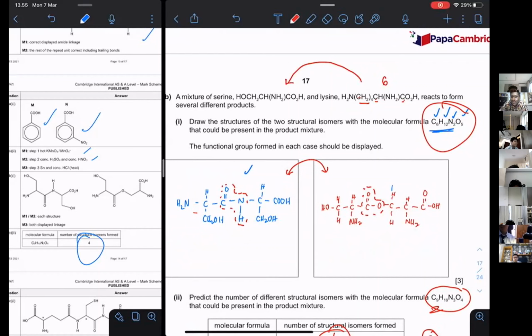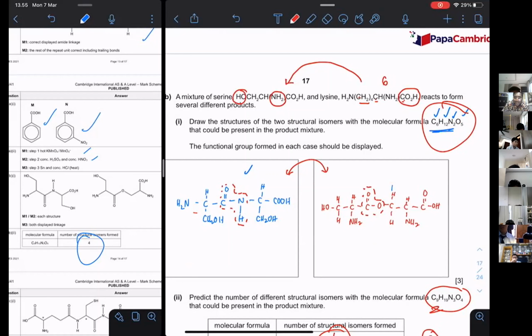When they react, COOH can react with the NH2, you get 1 product. And then COOH can also react with OH, you get another product. So you have 2.